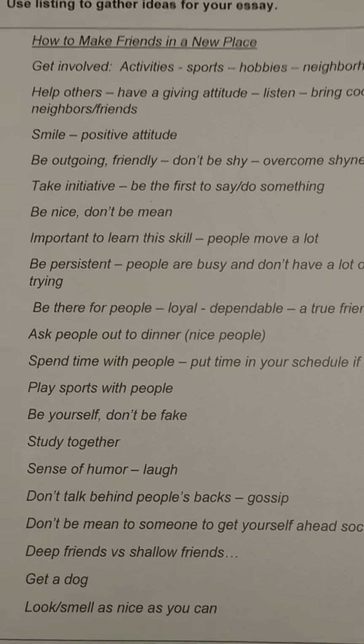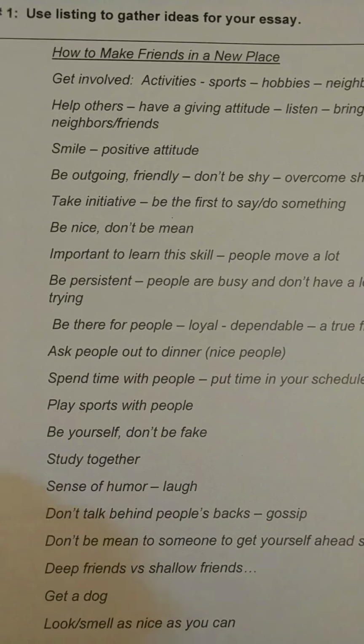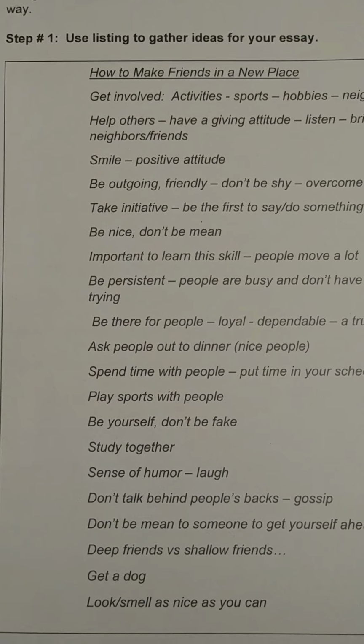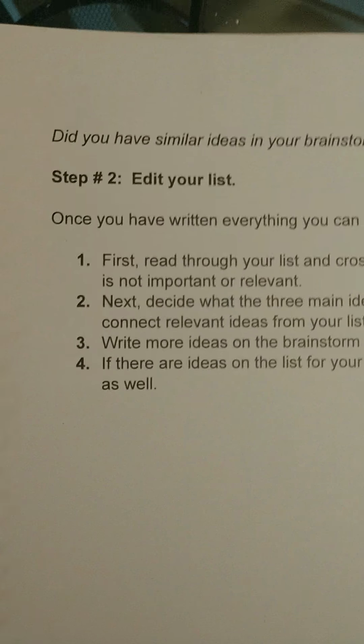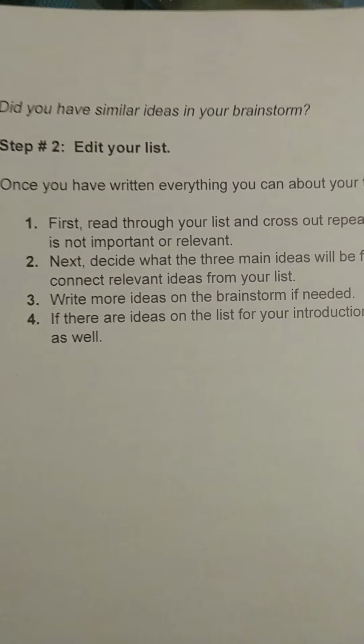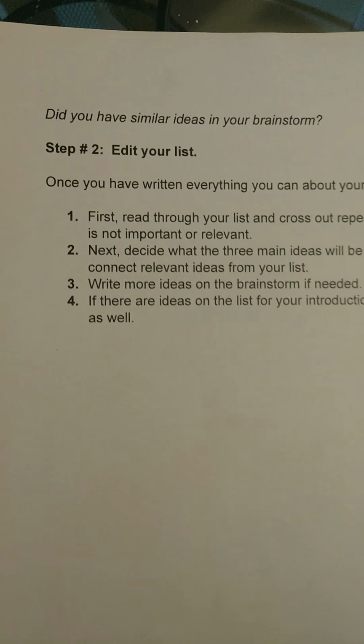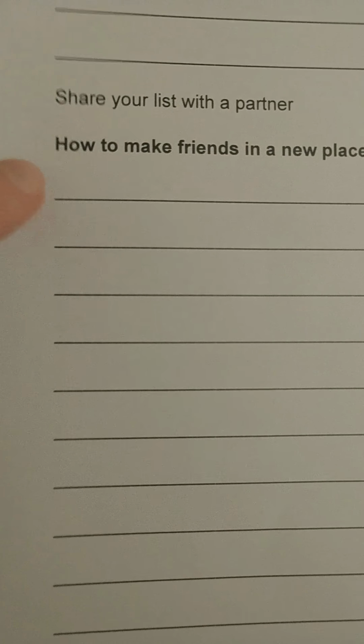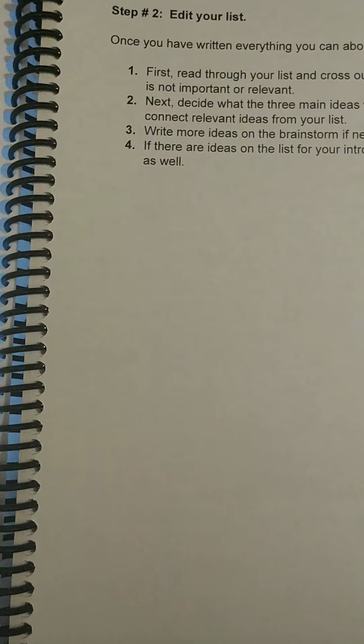So that's step 1, and we have practiced that now if you finished the homework. Step 2, my question here was, did you have similar ideas in your brainstorm on page 69? What were your ideas? You can compare the two.